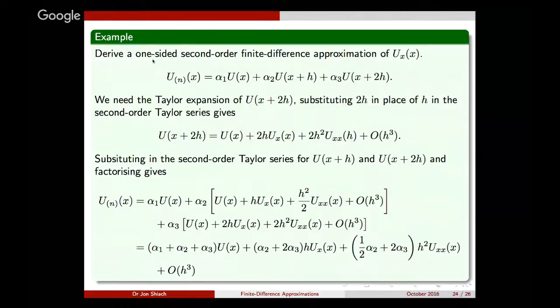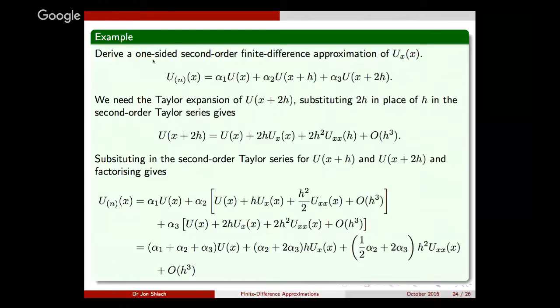This is where I'm trying to find the derivative, but I'm using point x plus h, and one point forward from that, x plus 2h. That can sometimes happen. If you're close to one end of the domain, you don't have any information from the other side. You can only use information from one side. So we just say this is an anti-symmetric finite difference.